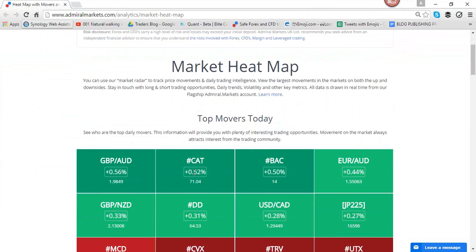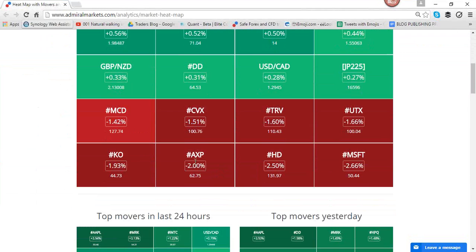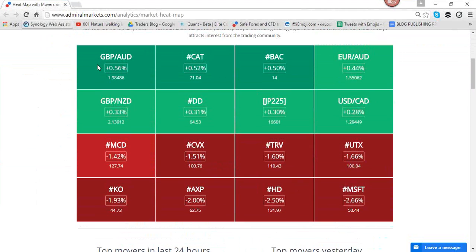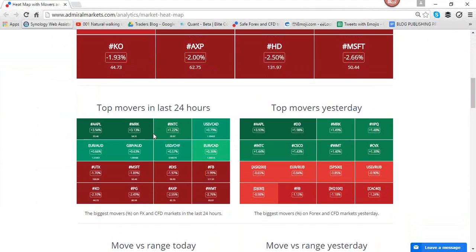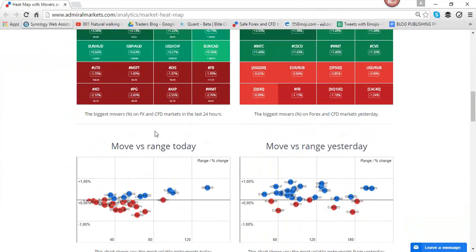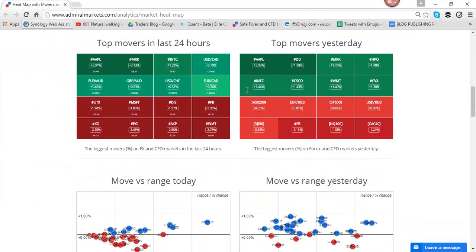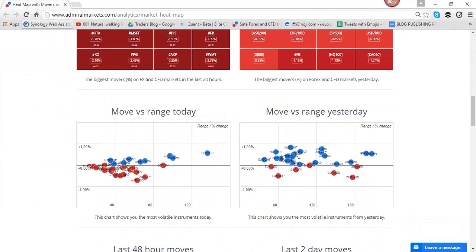So looking at the heat map, we see some green and red, some pound pairs here to the upside. Let's take a look at our currency markets here. You can see big movers, Apple, for instance, NASDAQ on the downside, Facebook on the downside. Regarding the Forex market, though, we see basically currencies staying within the 1% range, and that, of course, is not untypical.